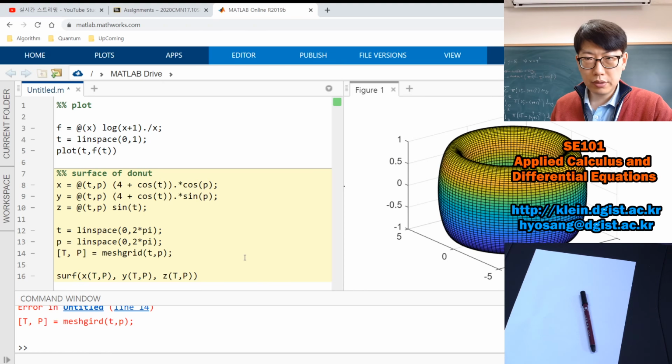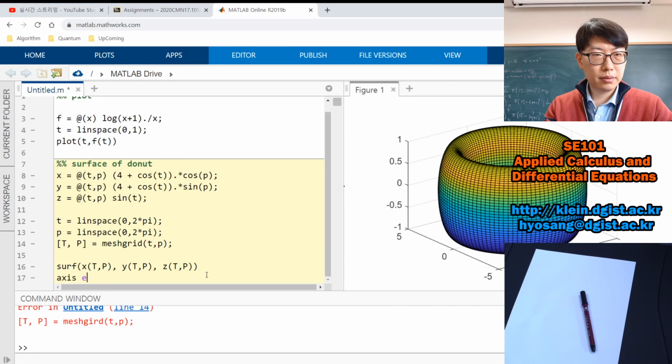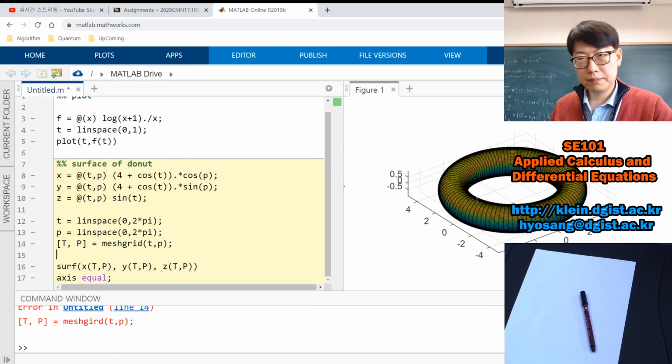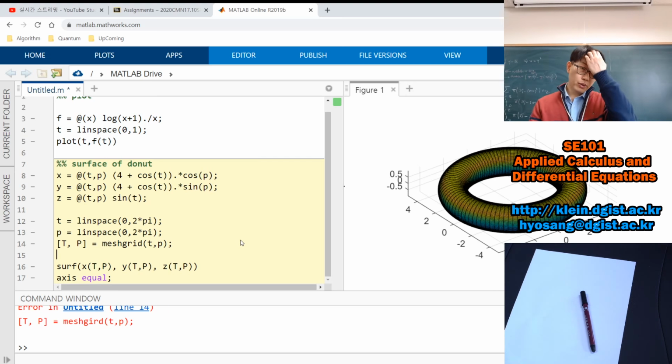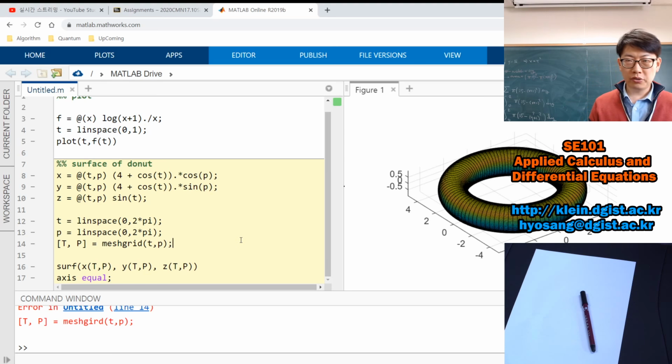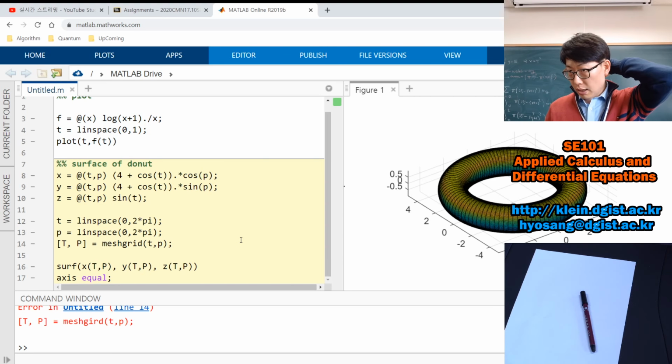Okay, it looks like a donut, believe me. So let's say x is equal. Okay, it looks more like a donut. So when you try to graph a 3D object, you can only draw the surface of the 3D object.